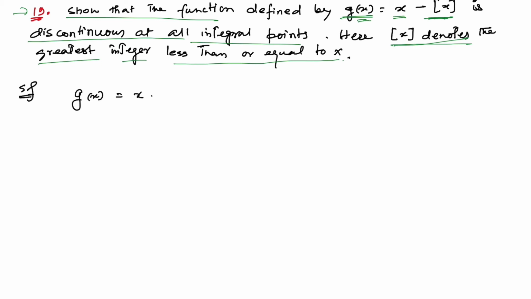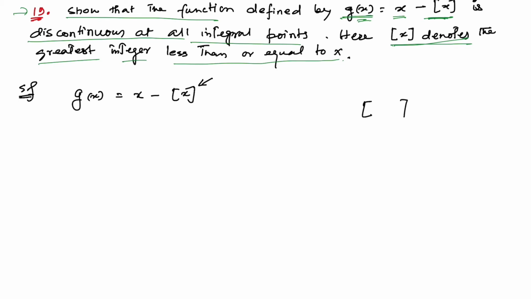Here g of x is defined as x minus [x], where the bracket denotes the greatest integer less than or equal to x.